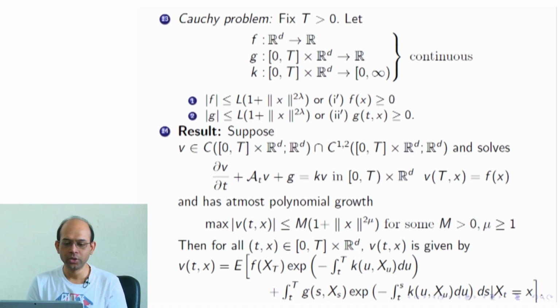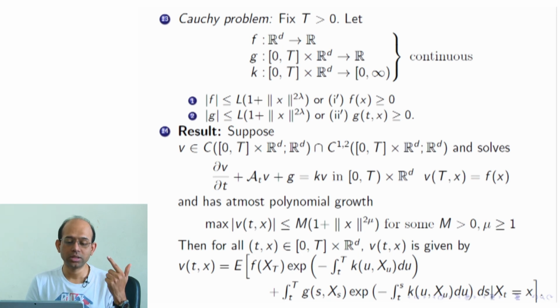So we suppose that this Cauchy problem, ∂v/∂t + A_t v + g = k v, has a classical solution with at most polynomial growth, that is |v| is less than or equal to M times (1 + |x|^μ), for some capital M greater than 0 and μ greater than or equal to 1.